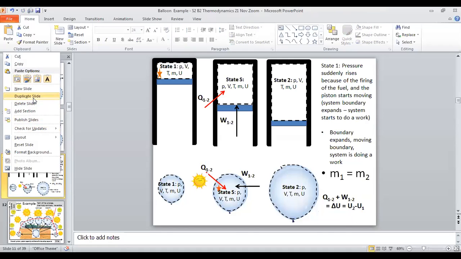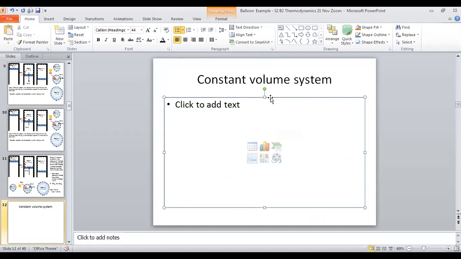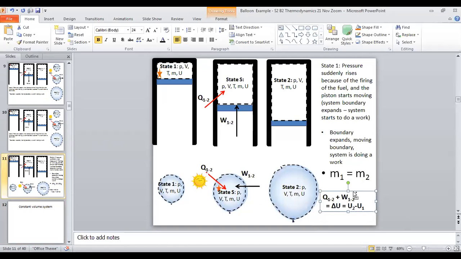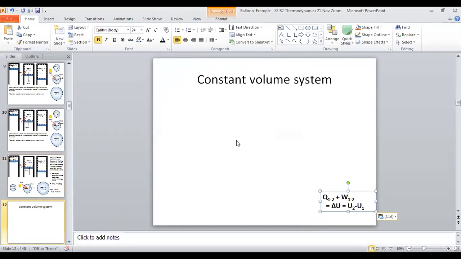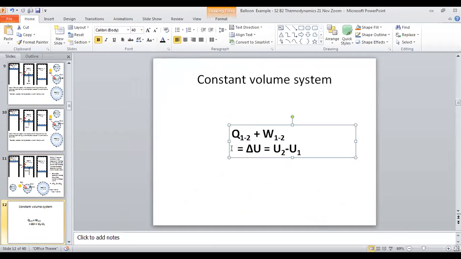So Q is delta U, that is Cv delta T. So this is a reminder only. It's okay to get reminded once in a while, even though you have learned this.